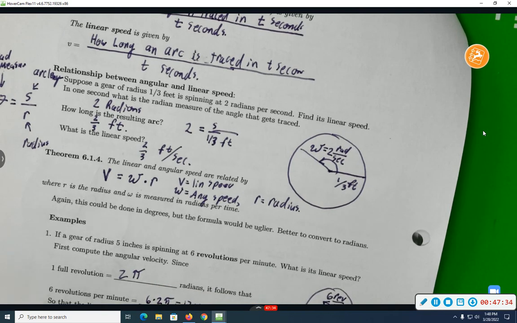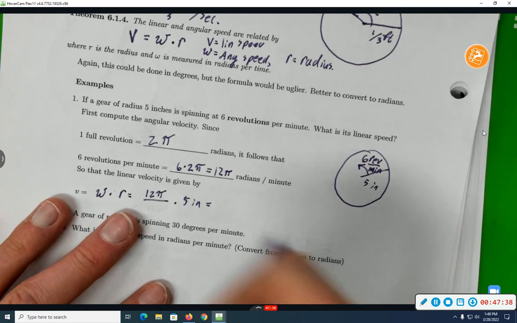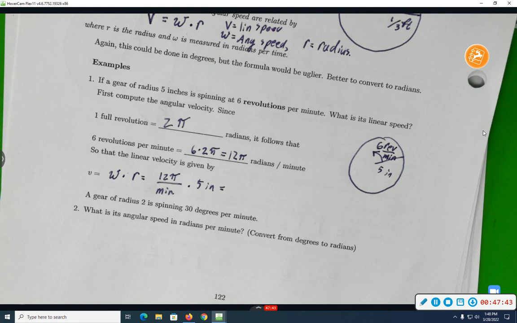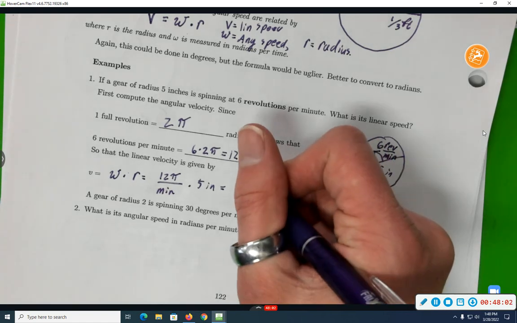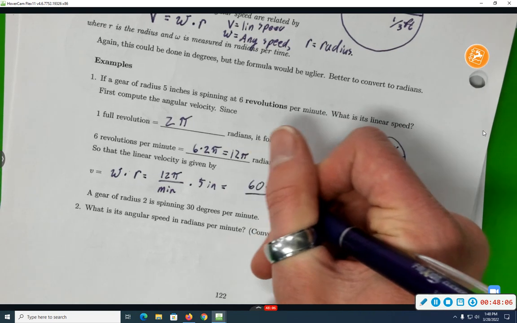Oh, not per second, per minute. Oh, yeah, thank you. Sorry about that. That looks like we could compute that out? I guess so. 5 times 12 is 60. Can't do anything with the pi, so I'll just leave it be. 60 pi inches per minute.